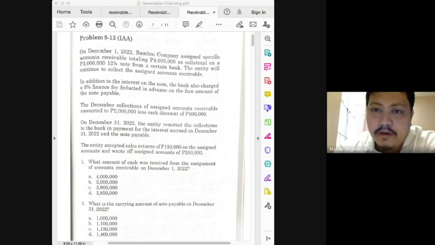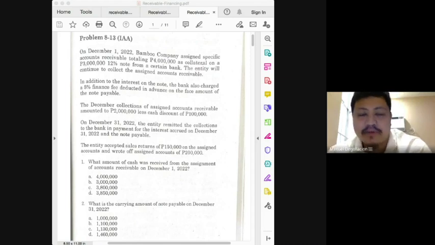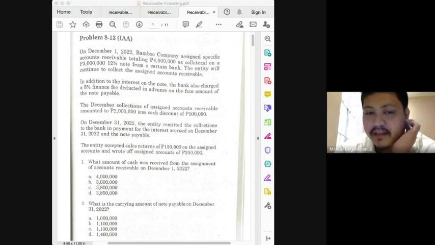Okay. Now, the main issue here is always how much cash are we getting from this transaction. We already know that we will have to pay a finance charge of 5%, and that the finance charge will be deducted in advance. The question now is, what would be the basis of the 5%?